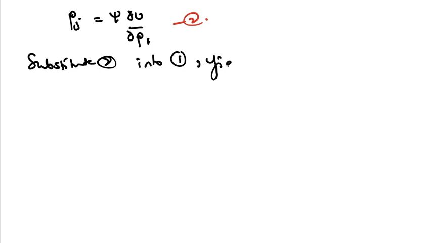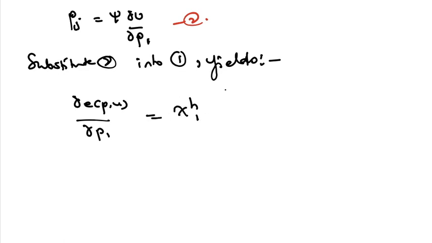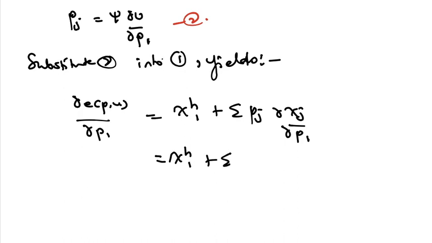We can have something like this. So it yields something like this. Let me write it again. Delta E PU over delta P1 equals XH1 plus sum of Pj delta Xj over delta P1, okay, equals XH1 plus sum of Pj, because Pj we want to substitute this back into this.